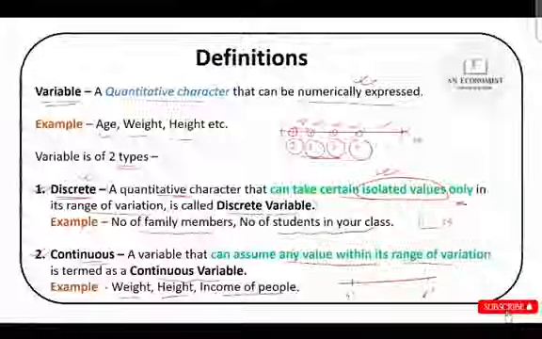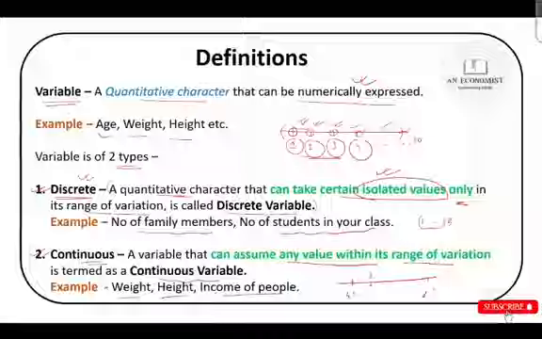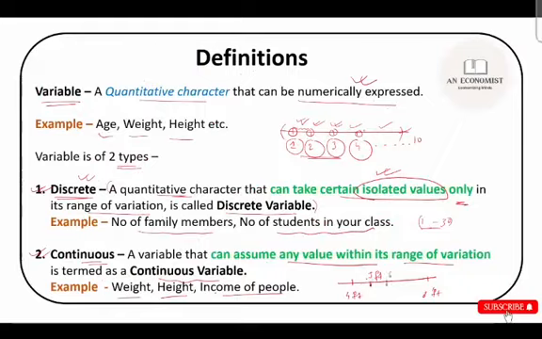So your height could be anything. You could be 5 feet, or you could be 6 feet, and you could take any value in between as well. So you could be 5 feet and 5 inches, right? This is possible. So you could take possibly any value in between 5 feet and 6 feet, right?